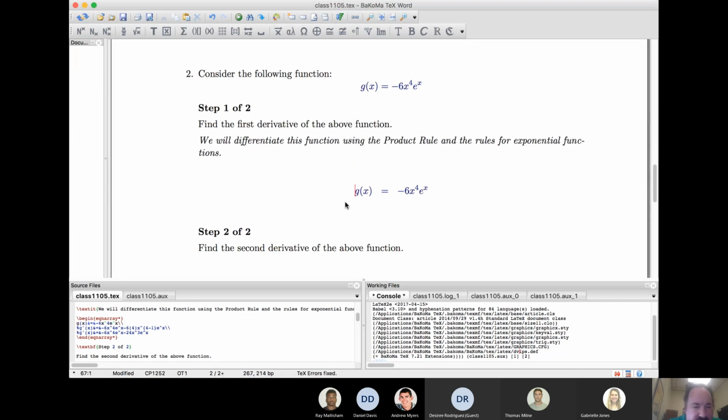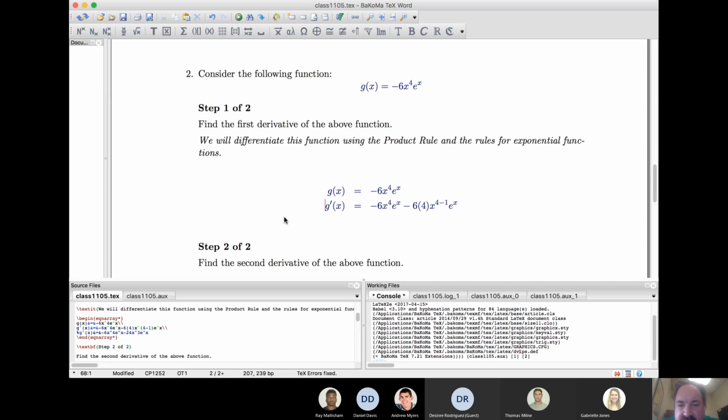So here's what the product rule gives us: we keep minus 6x to the fourth times the derivative of e to the x. Well, e to the x is its own derivative, so the first term will just be the function itself, and then for the other term we take the derivative of minus 6x to the fourth, and here we just use the power rule on that, and then the e to the x just stays there.